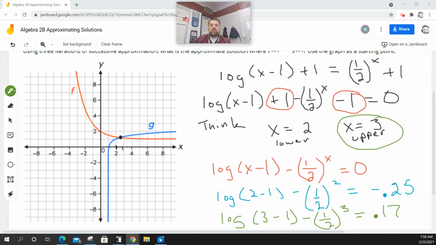So now I can take the upper and lower bounds and average the two. If I want to take the average, I take the 2 and the 3 and say 2 plus 3 over 2, which is equal to 5 over 2.